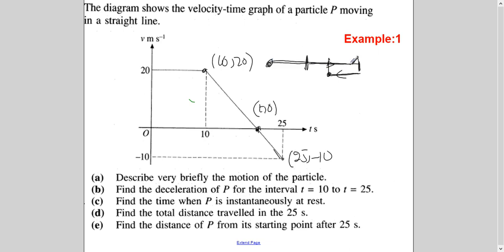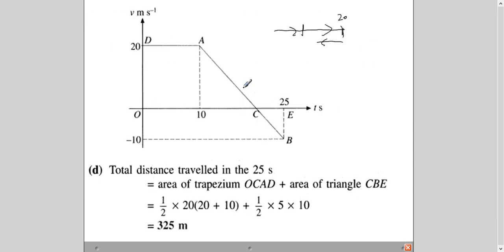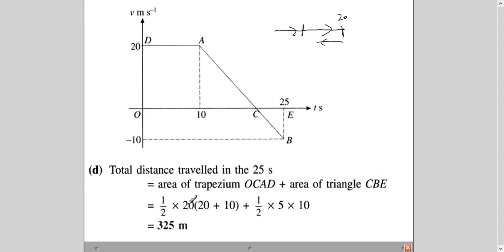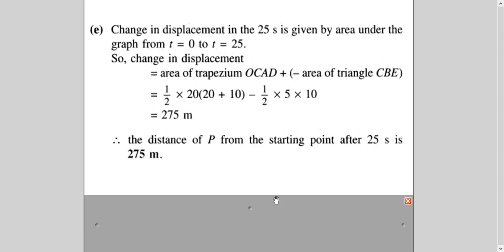So if you know this distance, and if you know this distance, you subtract it, you will get this distance. So basically, in other words, I'm talking about displacement here, right? So area under this part minus area under this part will give you displacement, the distance of P from the starting point. And we had calculated here, whatever the answer was coming here, now subtract this from it, and you will get 275. Same thing, but with a minus sign now, right?